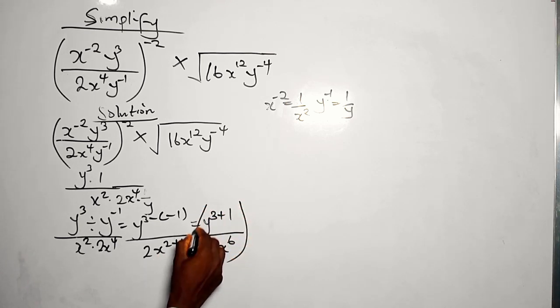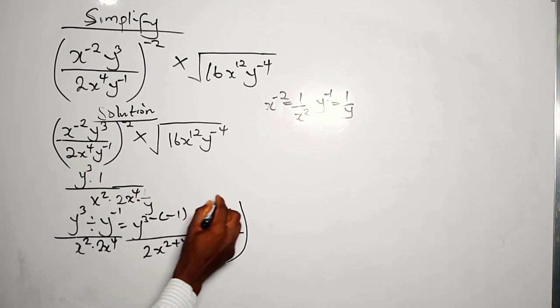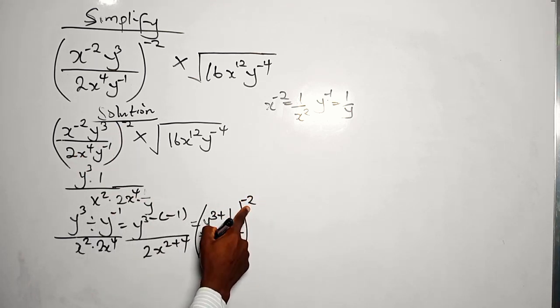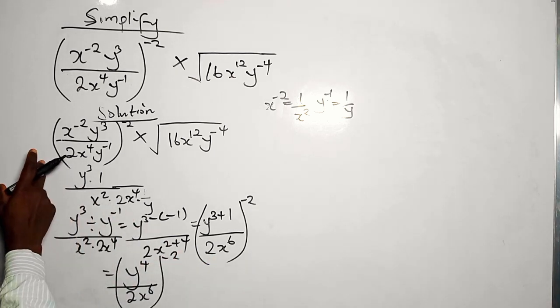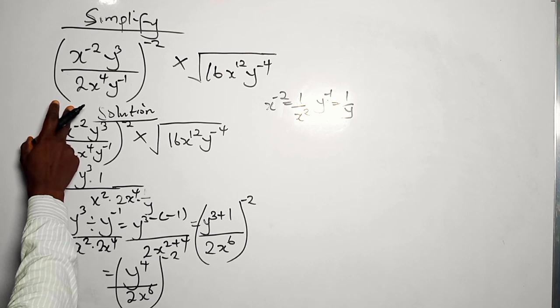Do not forget we have all these within the bracket with minus 2 as the external power, so we have (y^4 divided by 2x^6) everything to the power minus 2.